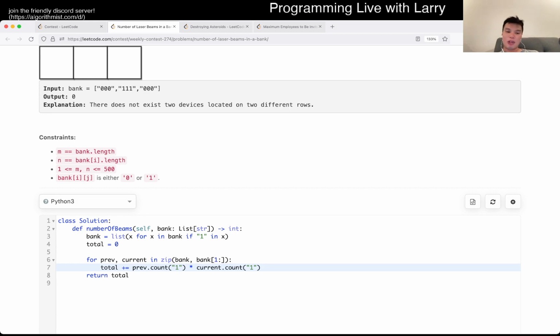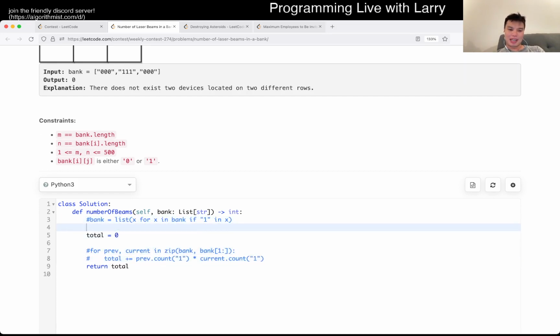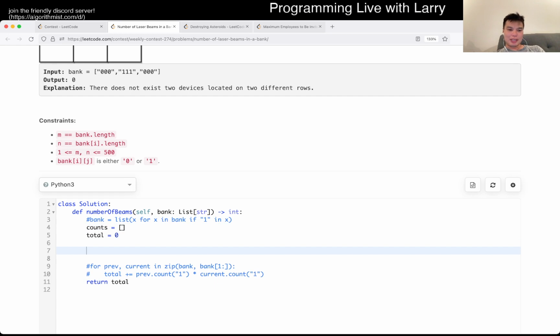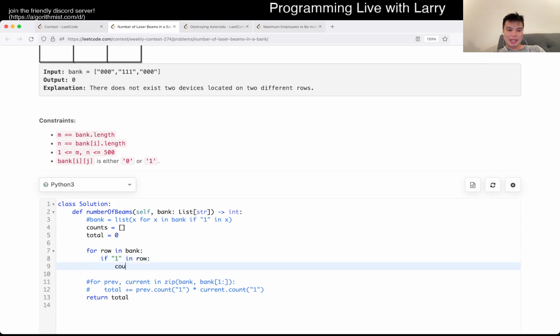Let me know what you think. I don't know if there's anything tricky about this. If I wanted to rewrite this, this is how I would maybe do it. Let's say counts is equal to an empty list. For a row in bank, if one is in row, then counts dot append row dot count of 1.